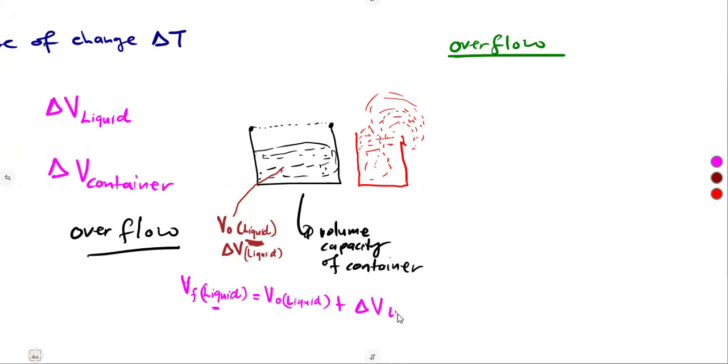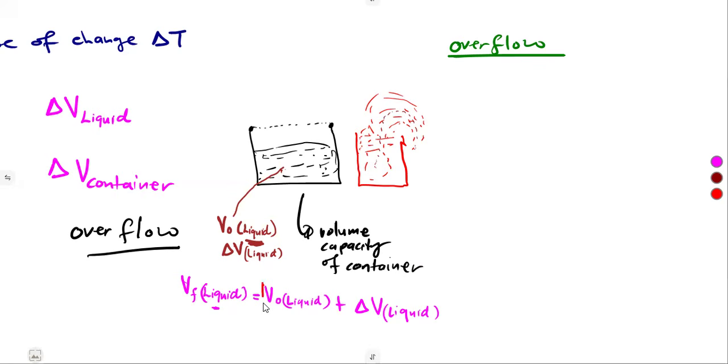The change in volume. So this will give us what? This will give us the whole part of the volume that we are having of the liquid. That is the consideration. So if we are given the final volume of the liquid, which is overflown, guys, we are saying the change here.